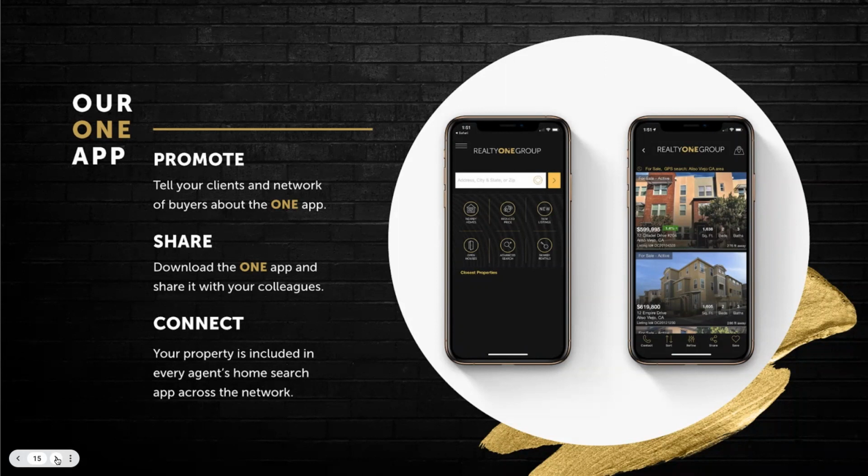But you can show them how they can promote the listing through their network, how you promote it through your network, share the app. And then, by the way, if they're selling their house, they may be looking to buy. So you might want them looking on your app for homes. That way you can track what they're doing. And I guess if you're going to have this slide, you need to make sure you're using the app.